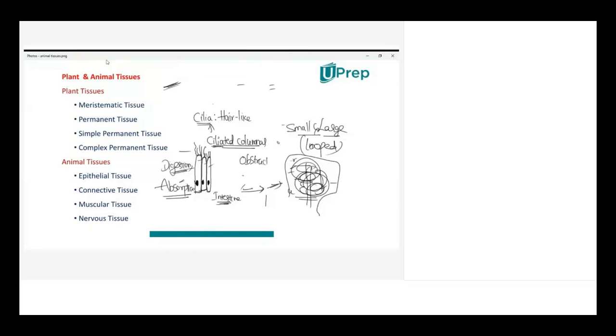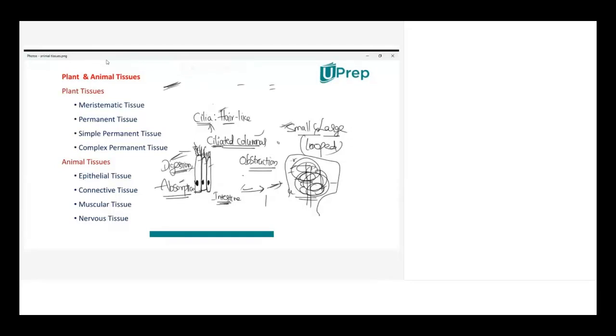So if they have hair-like structures like cilia, these columnar cells will help in movement so that there won't be any hindrance in the small intestine for the digestion process. So the cells will have cilia, which helps in proper digestion. Directly you can conclude like that. The hair-like cilia will help in proper digestion if they are present in the digestive system.